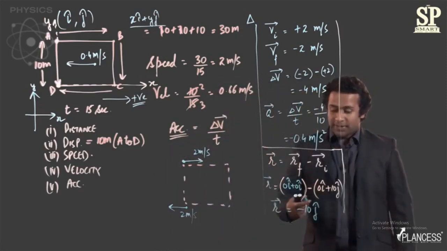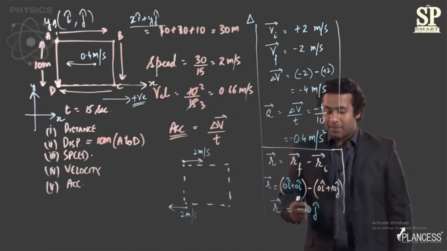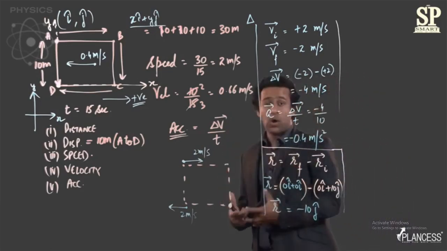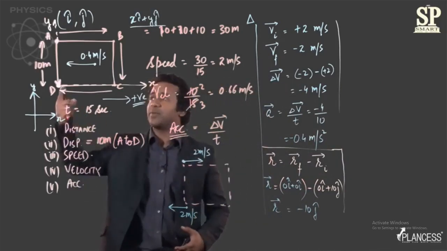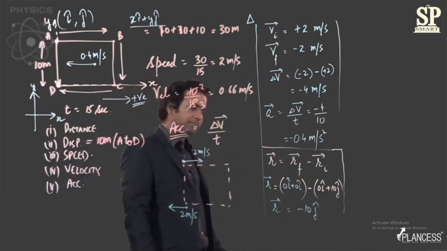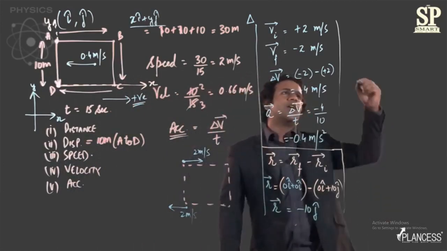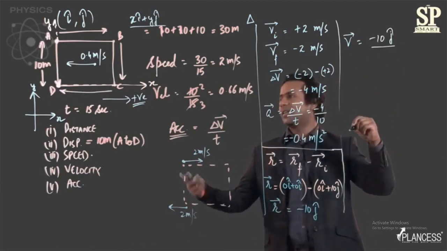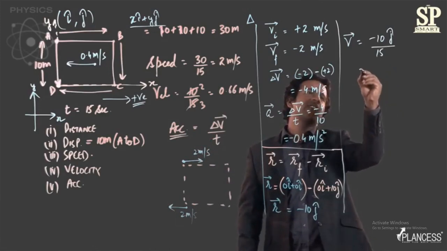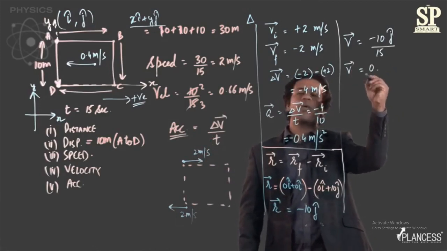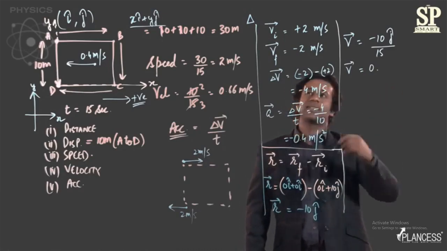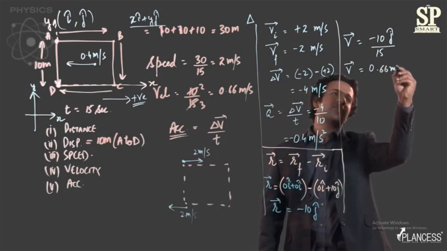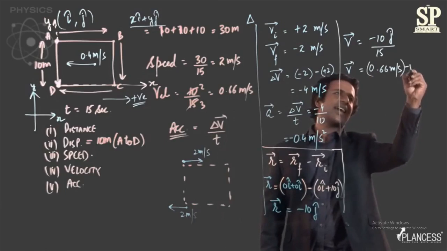So the 10 gives you the value and the minus sign indicates that it is along the negative y-axis, which we already have seen is the case as displacement pointed from A towards D. Similarly, to find velocity, we could simply do minus 10j cap divided by the time, which was 15 seconds, and hence we obtain that velocity is the same value, which is 0.66 we had found. Yeah. So it is 0.66 meters per second, and it is minus j cap, the direction.